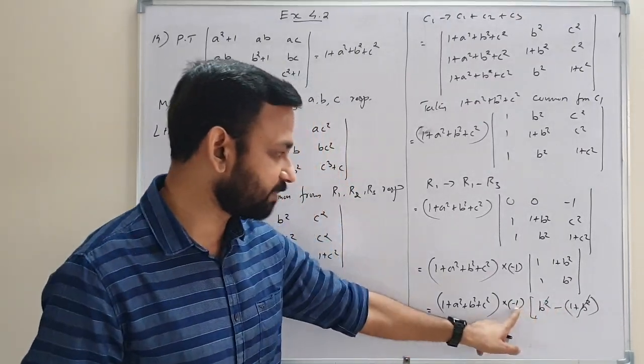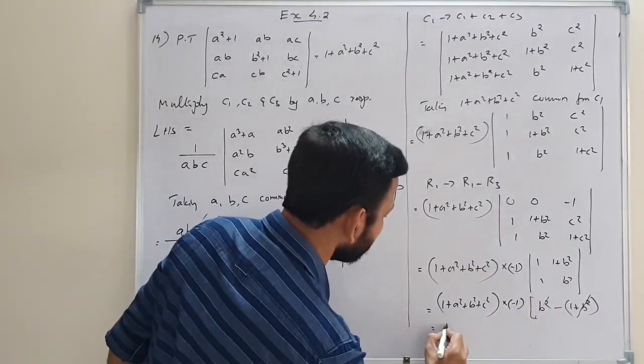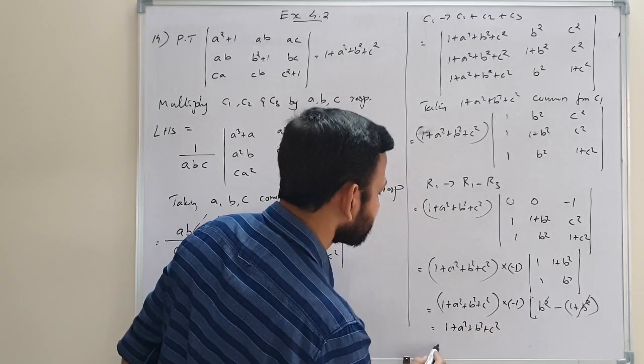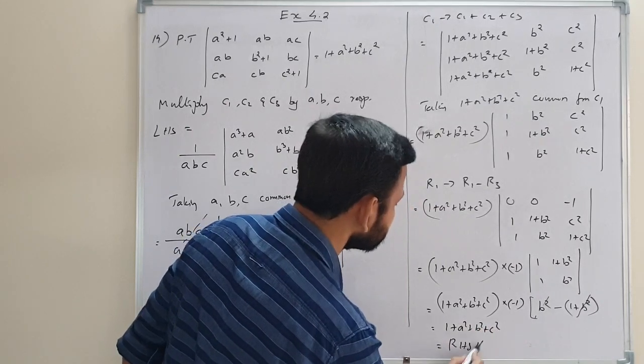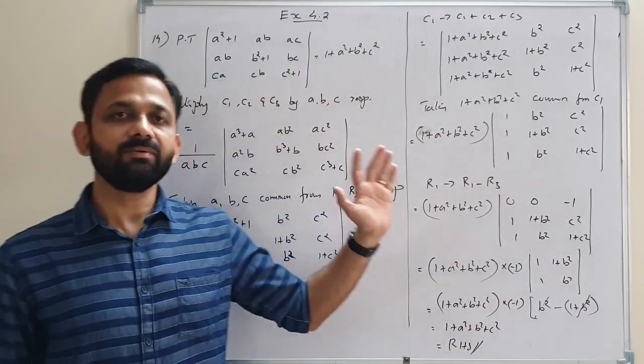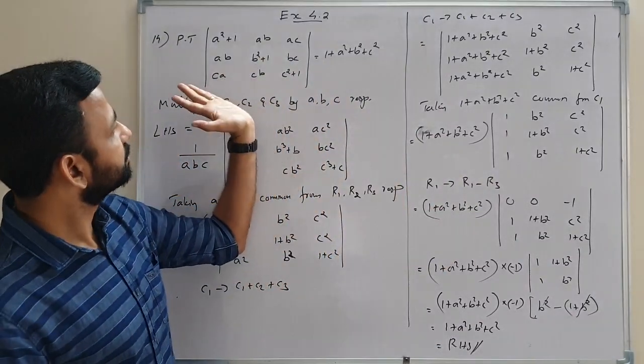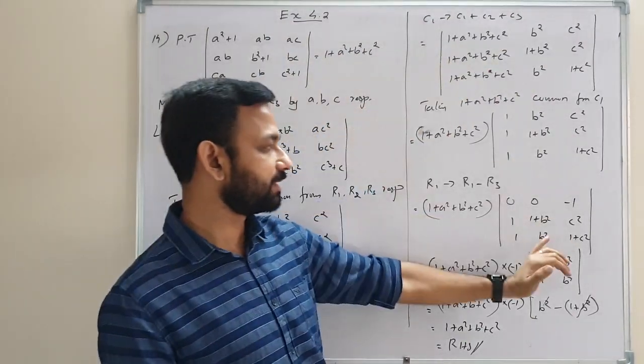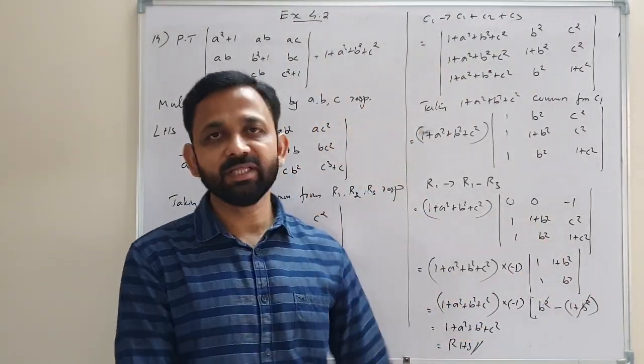That minus 1 into this minus 1, that is plus 1. So we got 1 plus a square plus b square plus c square, that is RHS. So we got LHS equal to RHS. By using the properties of determinant, we reduced that into a 2 by 2 determinant, then we expanded.